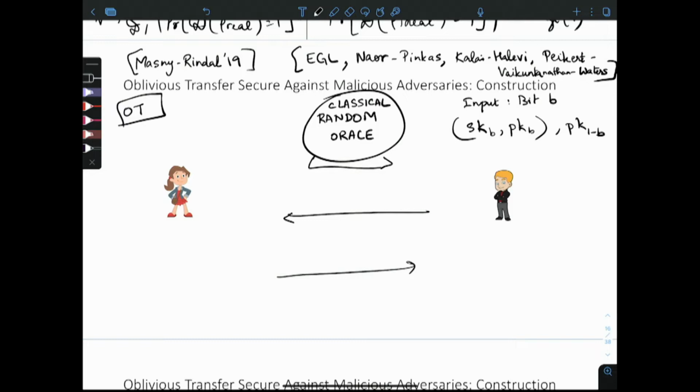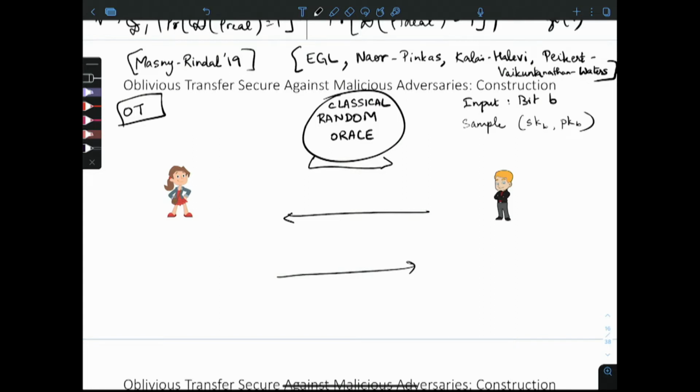The idea is for Bob to sample two public keys in such a way that he knows one secret key and does not know the other. How do you do this with the help of random oracles? Well, let's make it so that Bob, on input a bit B, samples SKB, PKB, so that he knows the Bth secret key.